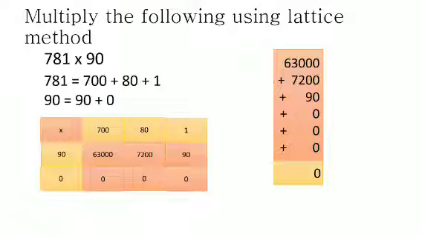Now 0 plus 9, 9, 0 plus 2, 2, 3 plus 7, 10. So we'll write 0 and 1 carry. 1 plus 6, 7. So we got the product 70,290. We will write the answer 781 into 90 is equal to 70,290.